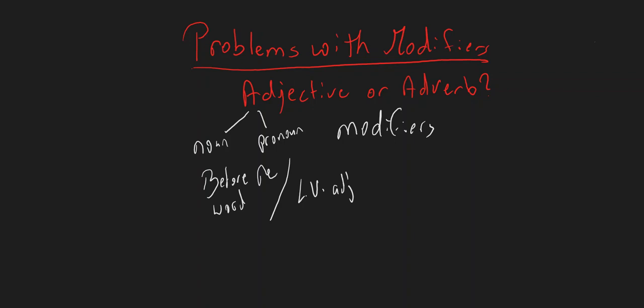And one common rule in adjectives is that adjectives are close to the word they modify. You cannot just put them far away from the word they modify. So adjectives are close to words they modify. Okay.